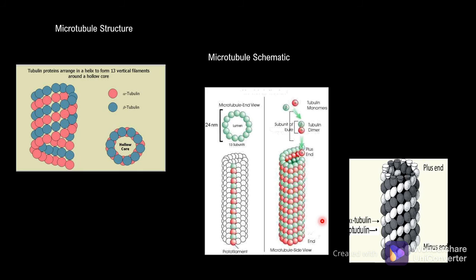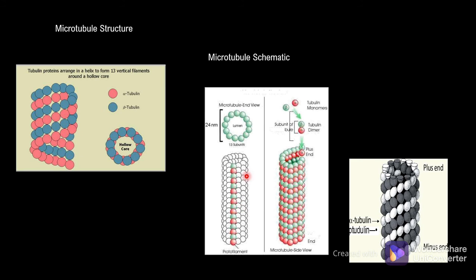And in the structure, you can see that microtubules are polar molecules with a positively charged end, that is the plus end, that grows relatively fast, and a negatively charged end that grows relatively slow. So the protofilaments arrange themselves parallel to each other in a microtubule.